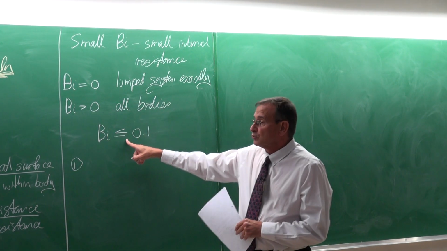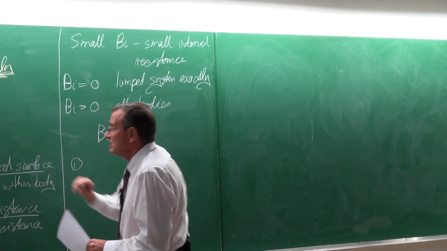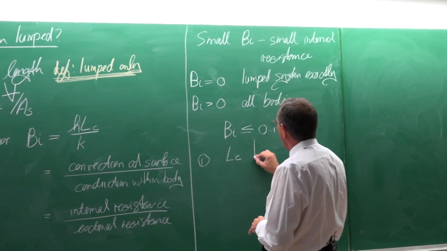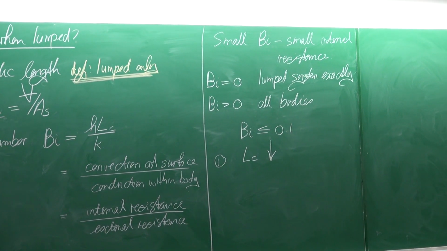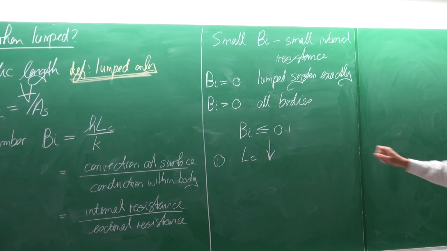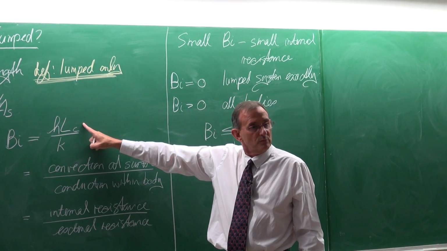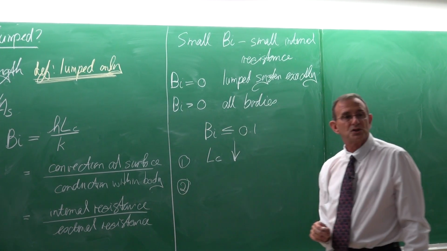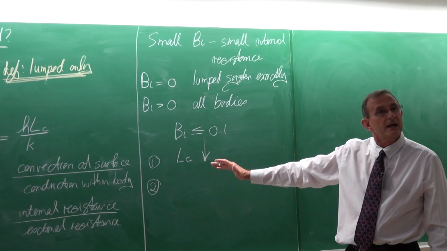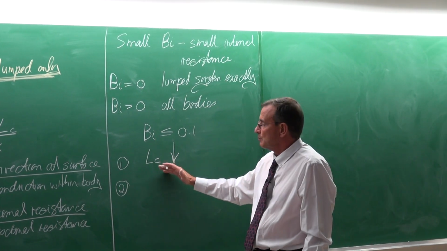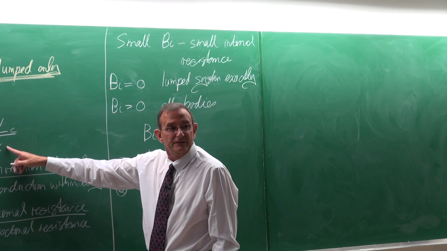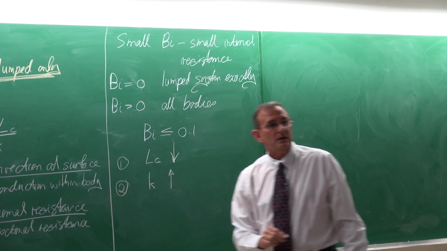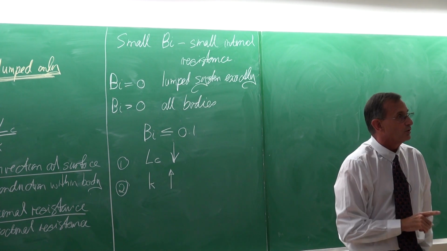And to get a small Biot number, if we look at this equation, you will see it is typically when L_C is small. When the characteristic length of the body is small, then it will make the Biot number small. The second thing which can be used to figure out if you can use the lump system approach or not is to look at the thermal conductivity. If the thermal conductivity k is high, then normally we've got a very small Biot number.